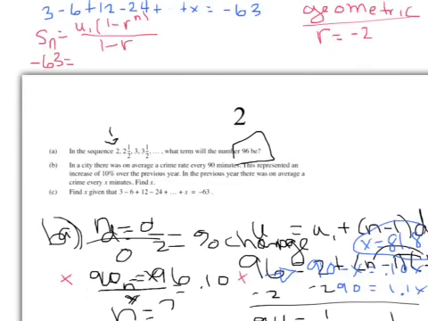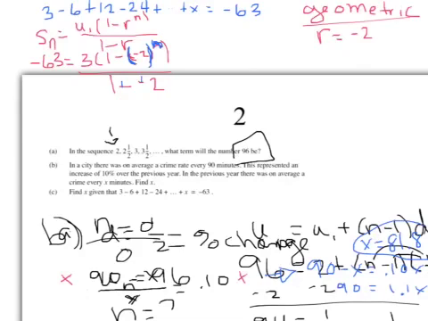I know that u1 is 3. 1 minus my r is a -2 to the n all over 1 minus -2. So this minus a negative down here becomes plus a positive, but be careful not to change the numerator because it's minus a -2 being raised to a power. And since it's being raised to a power, we can't simplify the minus a negative.